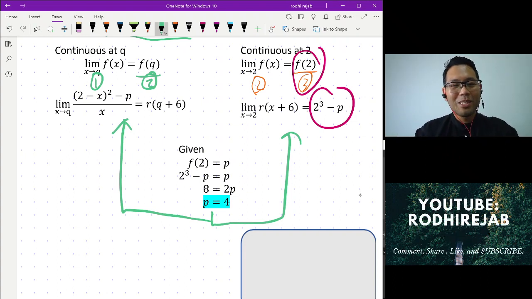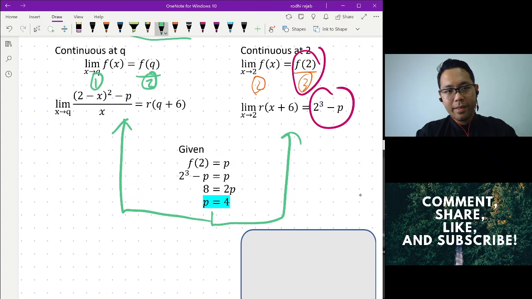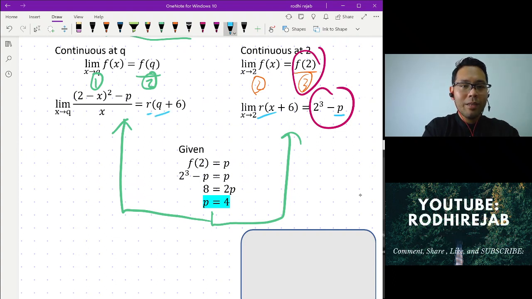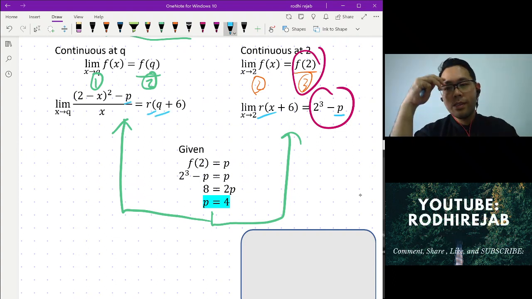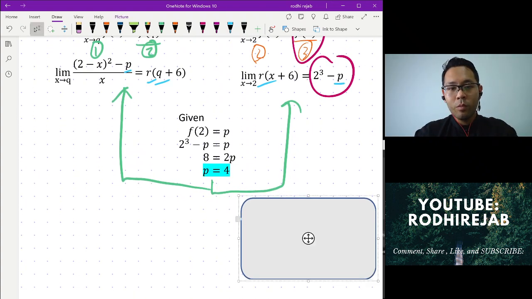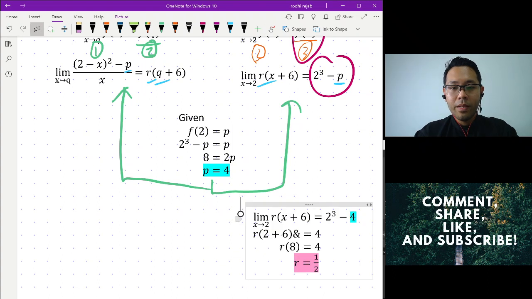So we want to substitute into those two equations. I suggest the one with the right hand side first, because on the right hand side you only have two unknowns, R and P. If you substitute on the left hand side, you see there's R, Q, and P. There are three unknowns, so it's better to substitute on the right hand side first. Because right now we know the value of P, we can easily find the value of R. Just substitute the numbers in.